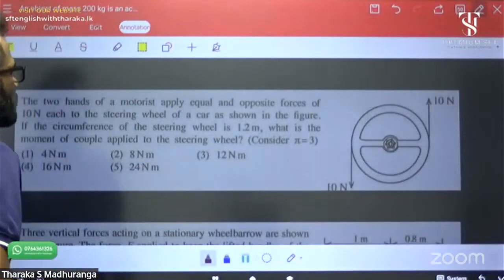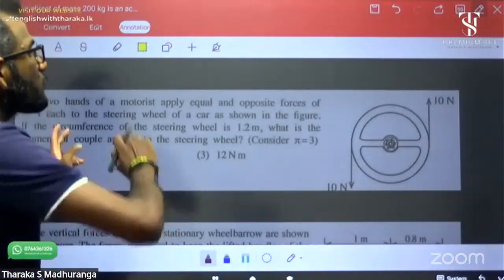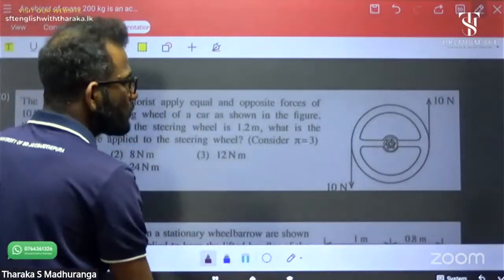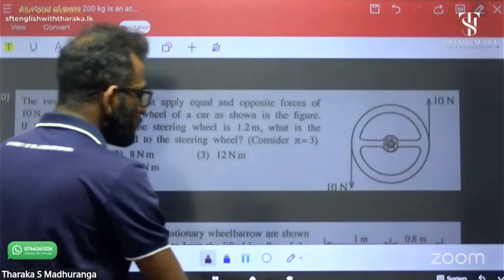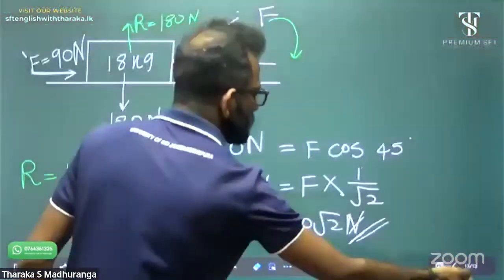If the circumference of the steering wheel is 1.2 meter, what is the moment of the couple? It's a good question.